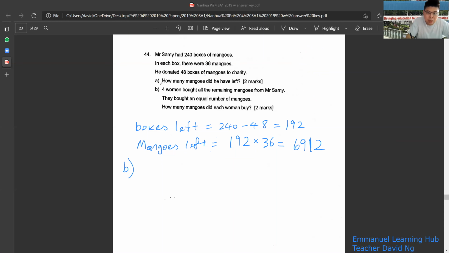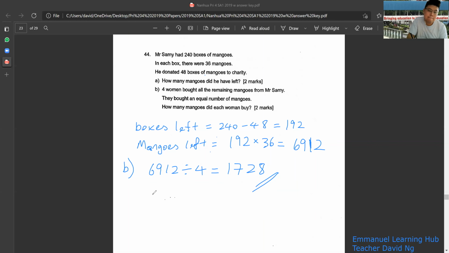B. 4 women bought all the remaining mangoes. Because they bought equal number of mangoes, so you divide by 4. You know how to get 1728?